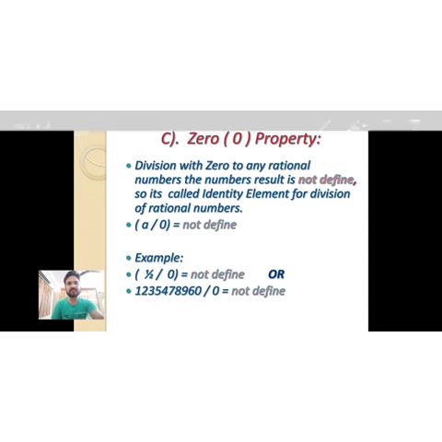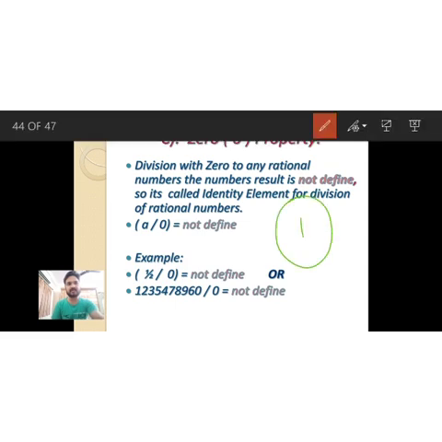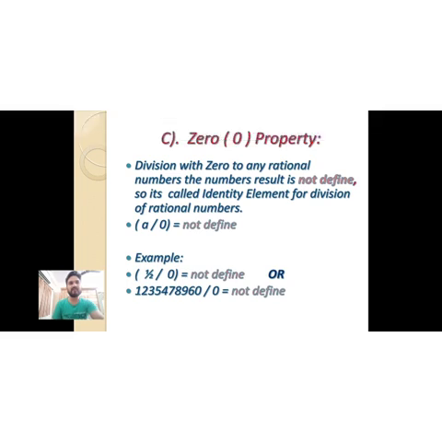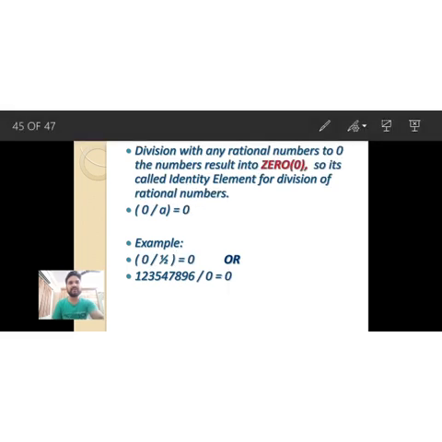This is the first property. Division with 0 is not defined. In the same way, if 0 is divided by any rational number, the answer is 0.